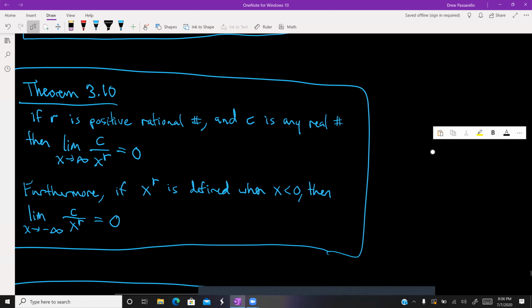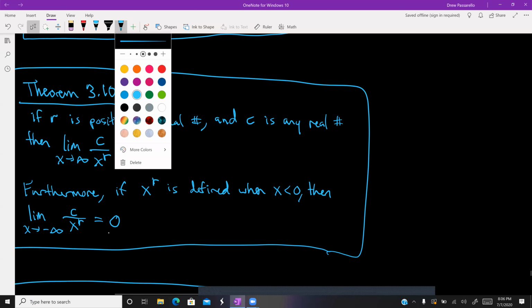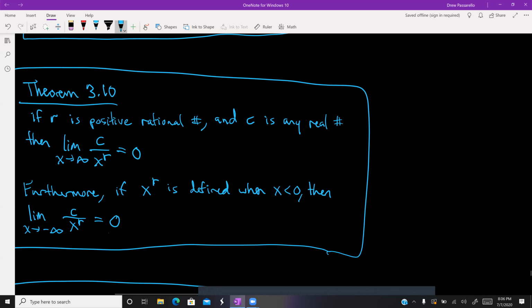Same thing as x gets more negative, it still approaches 0. For instance, if I had the limit as x goes to infinity of 4 over x cubed, as x gets really big to positive infinity, this is going to equal 0. And same thing if it was negative infinity.